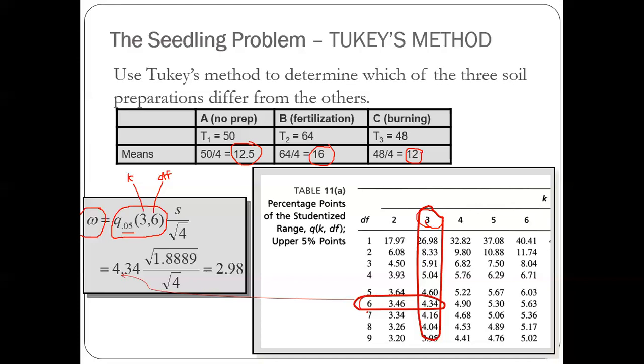That is the denominator. That is 6 from here. So it is 4.34. Okay, so 4.34 times the square root of the value of S.